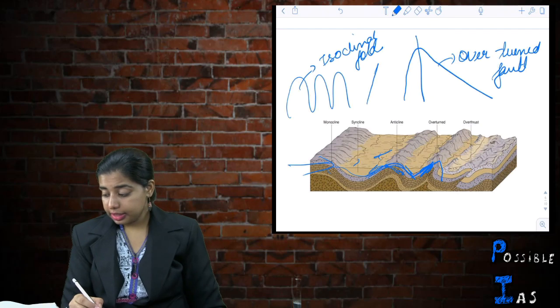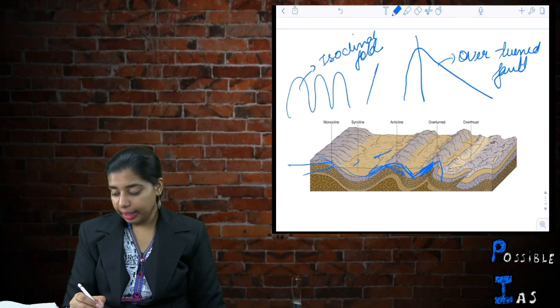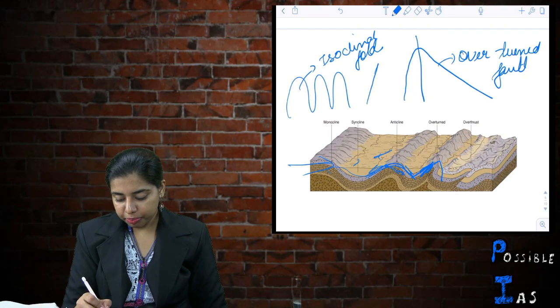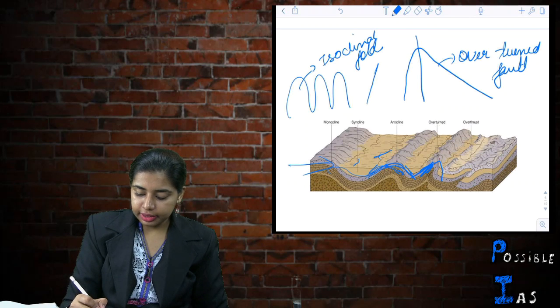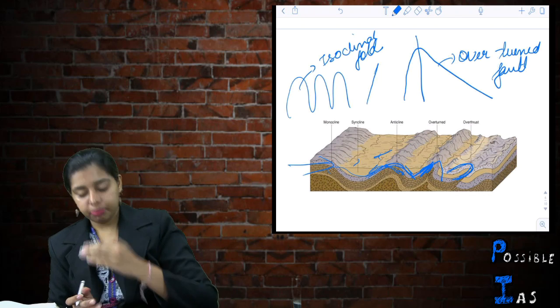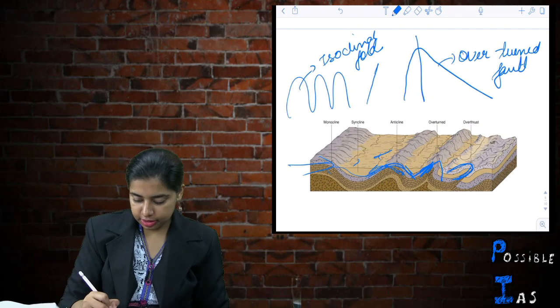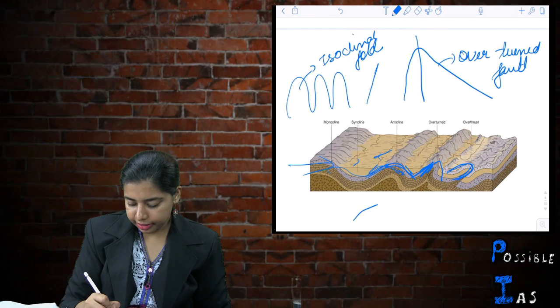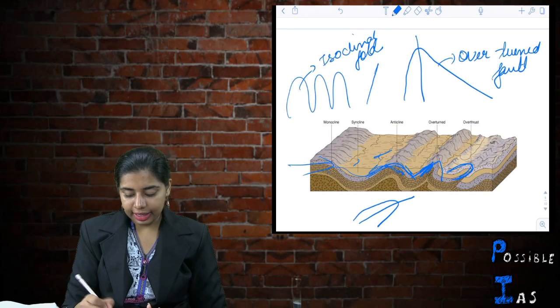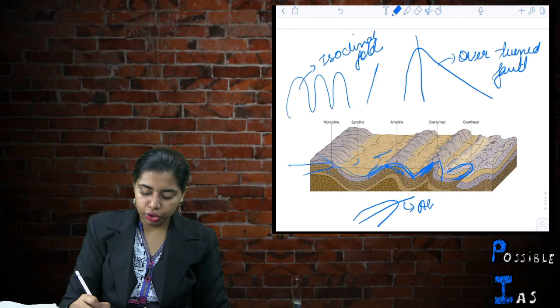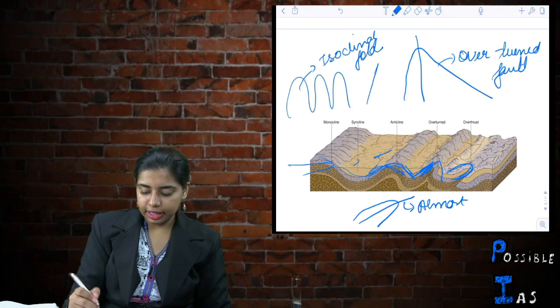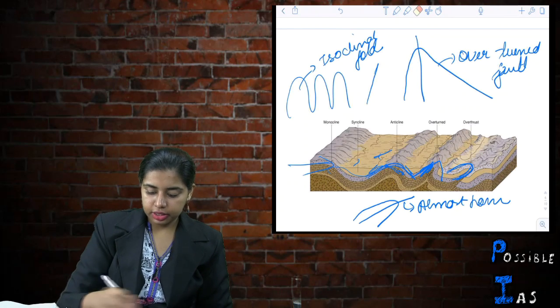Now because of so much pressure coming, this limb is thrust over the previous limb. This is one limb and it is thrust over the other one, and the axial plane becomes almost horizontal. Here the axial plane is vertical, while now the axial plane becomes almost horizontal. Again you see the diagram.